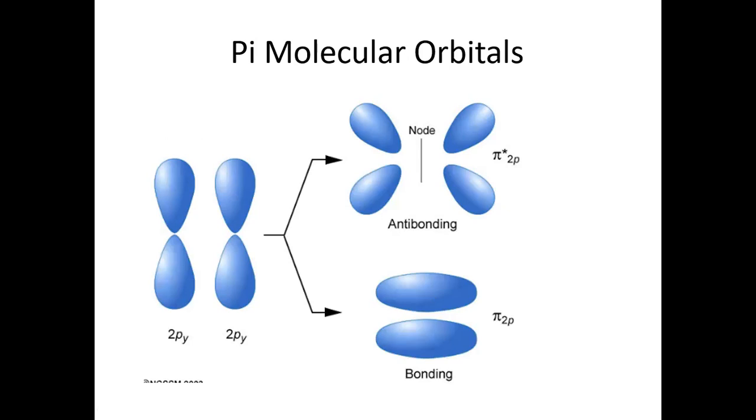You can see the two p orbitals here overlap edge to edge, and because of that you get a pi bonding orbital, and up here you get a pi anti-bonding orbital where the signs are different and there is destructive overlap, so there's no overlap between the lobes. So pi star is always anti-bonding, and pi is bonding. Those pi molecular orbitals overlap in this way to give you the two types of molecular orbitals, the bonding and the anti-bonding.